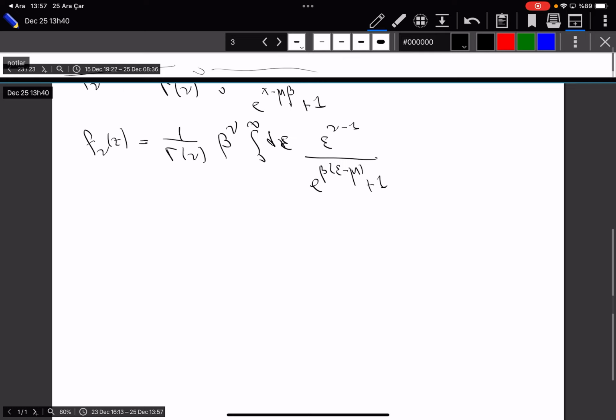So here we have integrals of this form: 0 to infinity d epsilon, some function of epsilon. That can be an arbitrary function. In our case, it will be a power of epsilon divided by e to the power beta epsilon minus mu, plus 1.